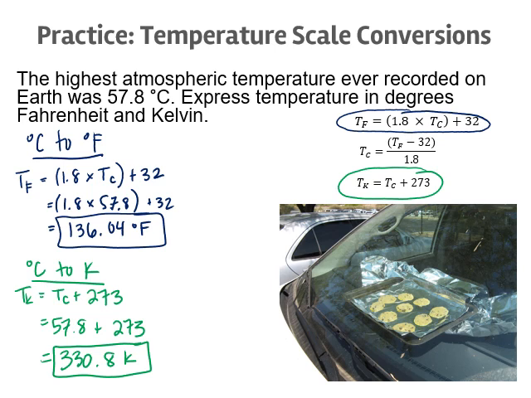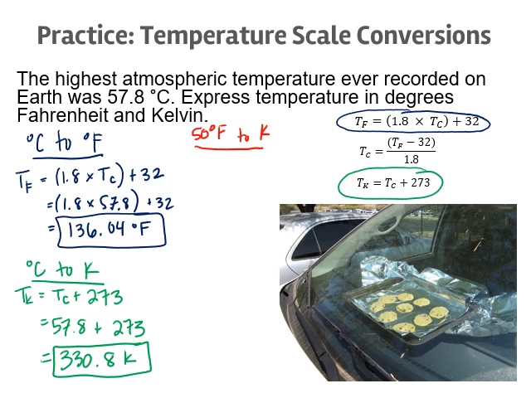The last thing that I want to do is introduce one where you have to use both, because it is really realistic to expect you to do so. Say I'm given 50 degrees Fahrenheit, and I want you to calculate to Kelvin. Remember on the last slide I said we have no direct formula to go from Fahrenheit to Kelvin. What we actually have to do is use a combination of both.